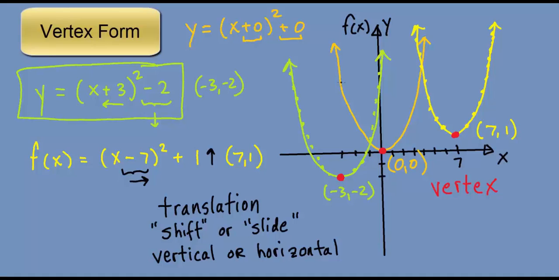Now you may know this, or you may have watched my video introducing you to parabolas, but parabolas can be skinny or wide, they can face up or they can face down, and you might have noticed that all three of the parabolas I wrote here are all the same width as the parent graph. At least they're supposed to be.